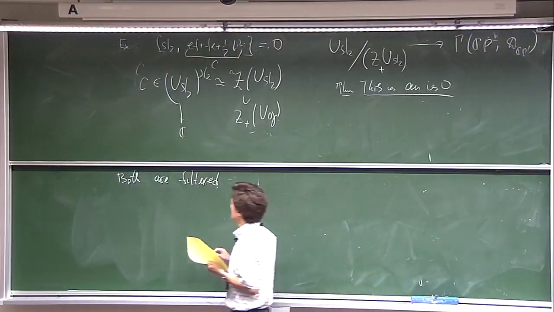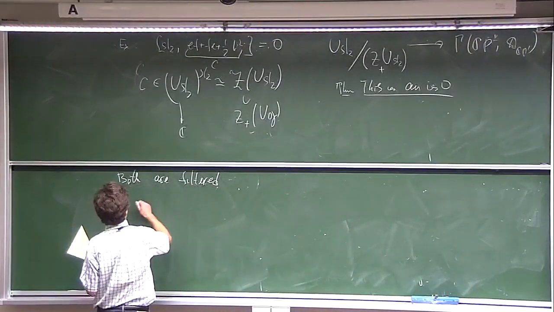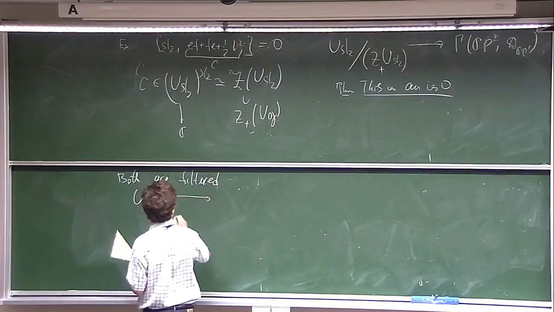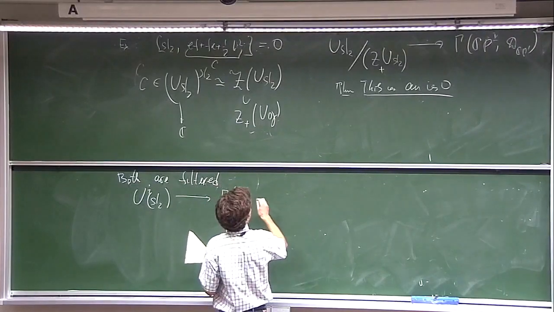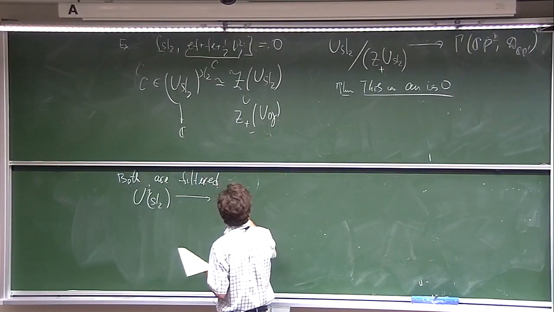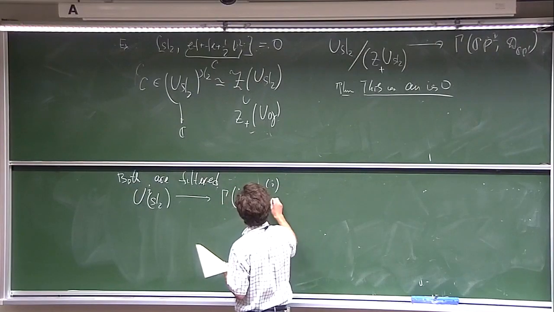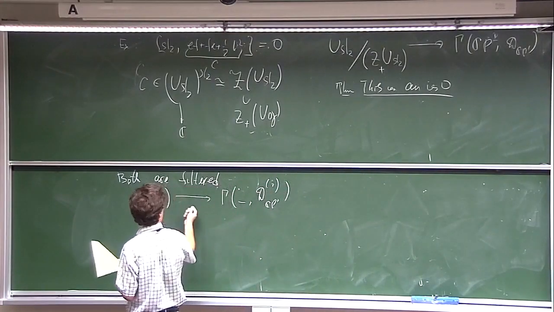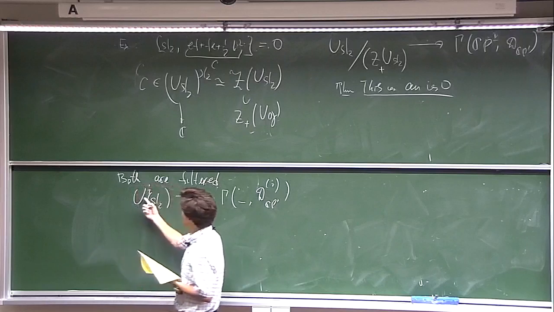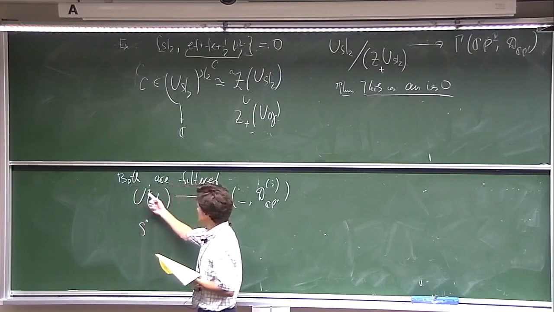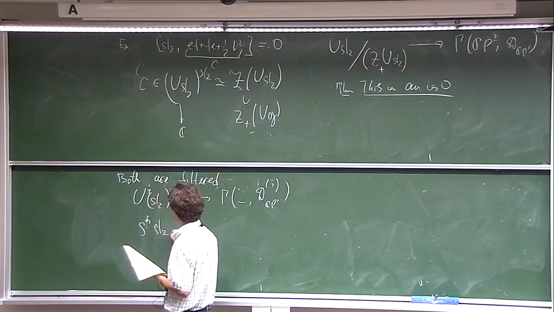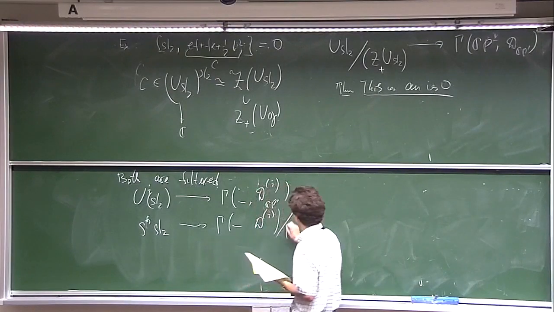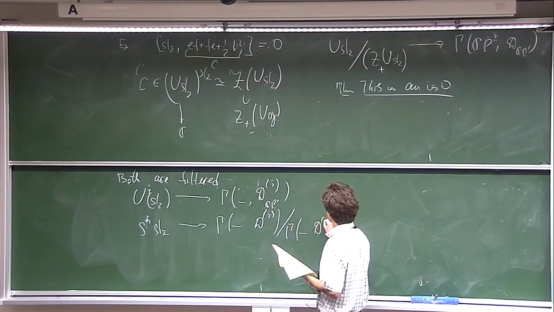So we get the map of filtered components: U_i of SO2, modulo U_{i-1}, gives S^i, and it goes to Gamma of D_i on CP1, modulo Gamma of D_{i-1}.